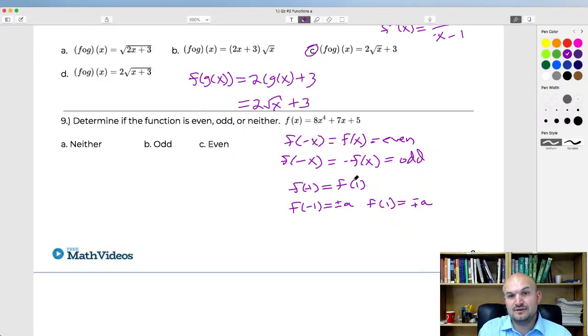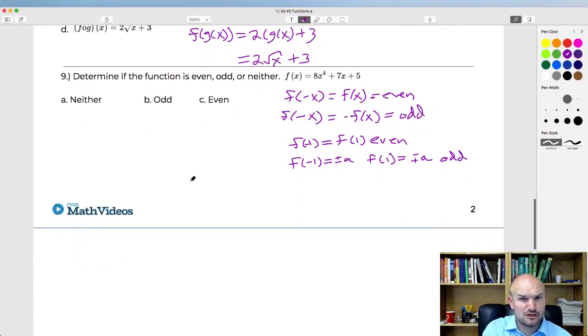That means it's even. If you plug in 1, or any number, it doesn't need to be 1, but if you plug in negative 1 and you get a positive a, well then when you plug in f of 1, you should get a negative a. So it's going to be the same number, but just opposite signs. And again, if you plug in f of 1 and f of negative 1 and you get two completely different numbers, then the function is neither.